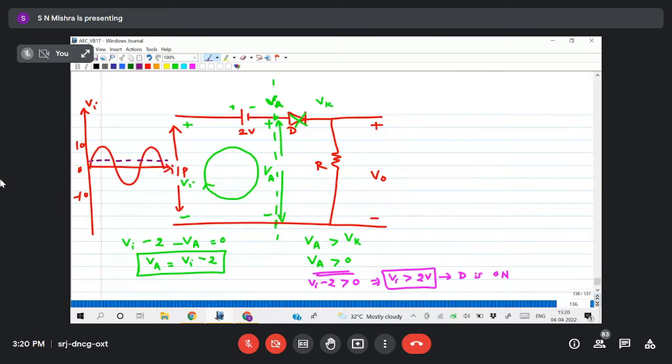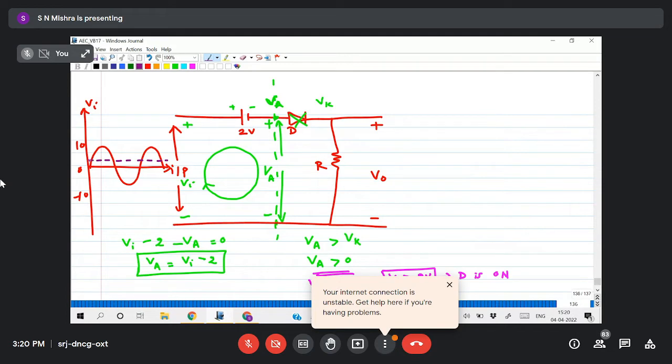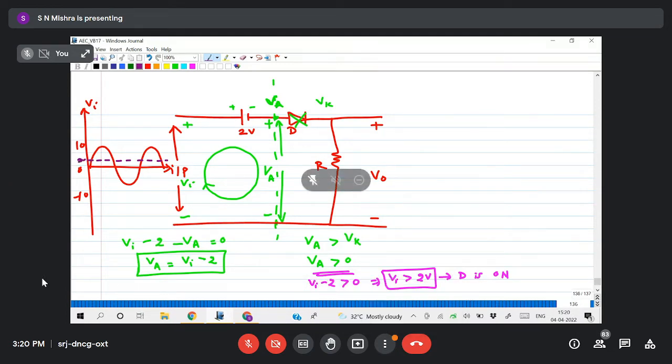So up to this point, suppose I draw here, output is 0. Then when it is increasing from 2, after this point my voltage follows the input voltage, like this. So what is my maximum voltage? 8. This is your 0.